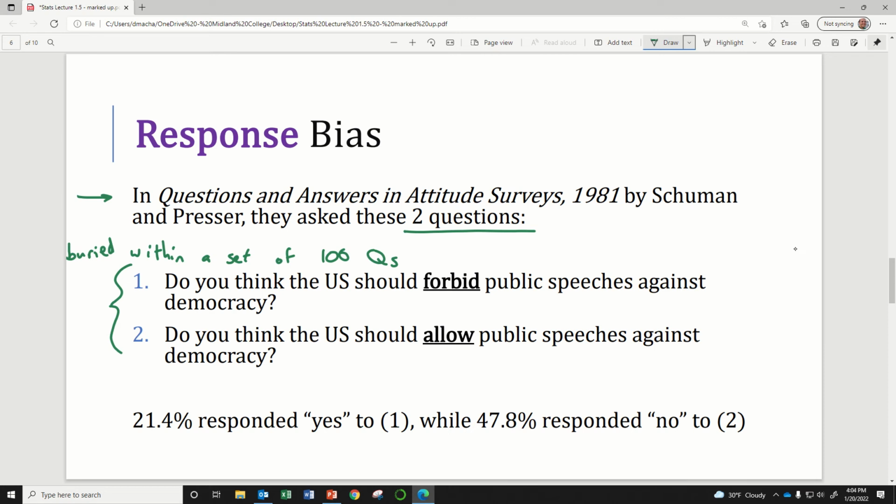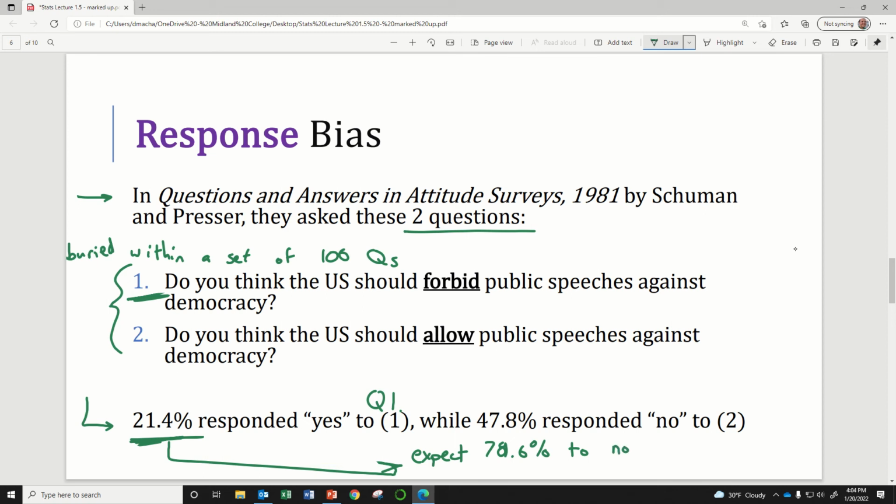So the interesting bit here is when they went to analyze the data, they found that for the first question, right here, 21.4% responded yes. And based on this response, we should expect something around 79% or 78.6% to respond.